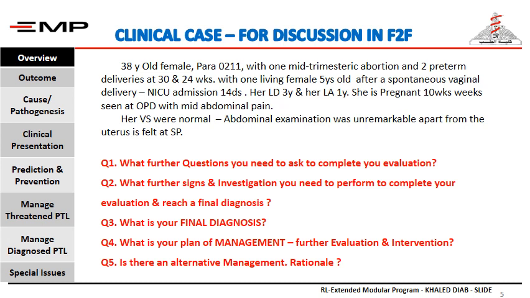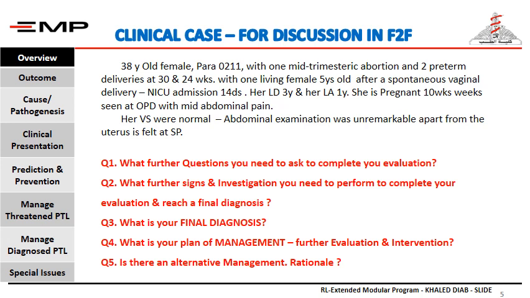Her last delivery was 3 years ago. Her last abortion was 1 year ago. She is pregnant at 10 weeks and seen at the outpatient clinic with mild abdominal pain. Her vital signs were normal. Abdominal examination was unremarkable apart from the uterus being felt at the symphysis pubis.